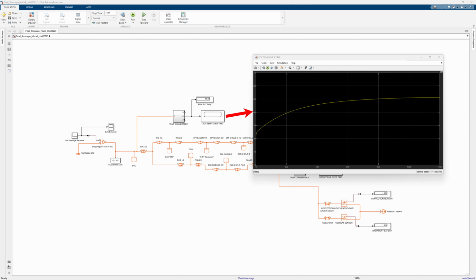So that's what you can expect your Galaxy S22's CPU chip to get to after about 20 minutes of hard use. This is during a benchmark, so it's experiencing some pretty heavy load. And it gets to just above skin burning temperatures if sustained for too long, so be careful.